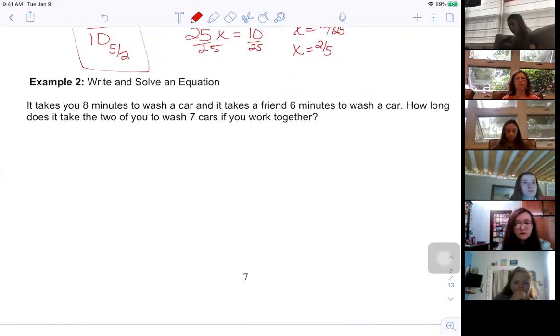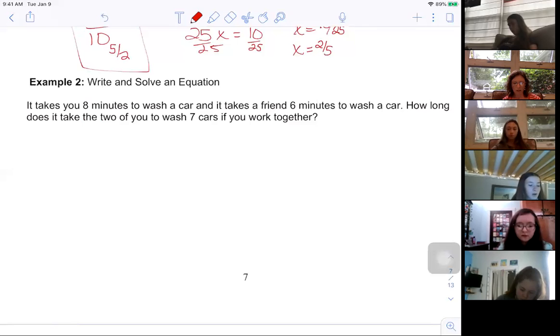So we have a rate that you can wash 1 car, and we have a rate that your friend can wash 1 car. So you're 1 car in 8 minutes, the friend is 1 car in 6 minutes. Combined, how long would it take you to wash 7 cars if the 2 of you are working together? So think about it.